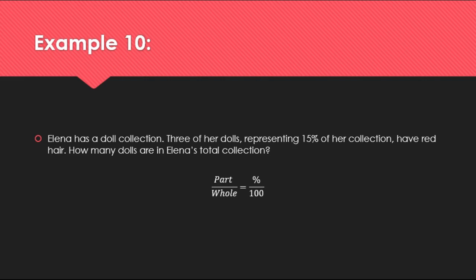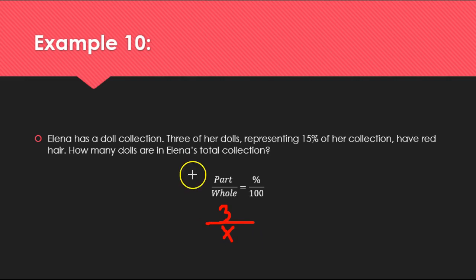Alright, so look at this. Like we were talking about today in class, we look at our part to whole equals our percent over 100. We're going to go back in our problem, pick out the things that we know, and then find what we're actually looking for. It tells me that 3 of her dolls, this is 3 dolls out of the total collection, so I have a 3 over something.